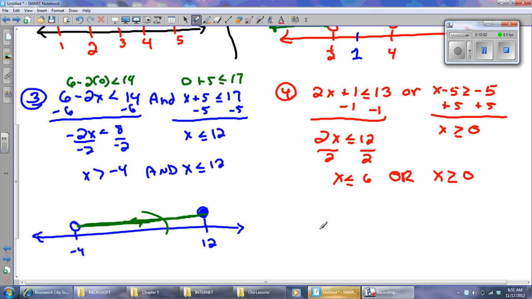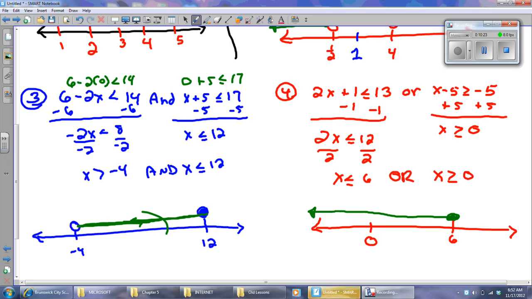Now, remember, I need all the numbers that are less than or equal to 6. Well, wouldn't those numbers all be contained here, right? And I need all the numbers greater than or equal to 0. Well, wouldn't all those numbers be here from 0?